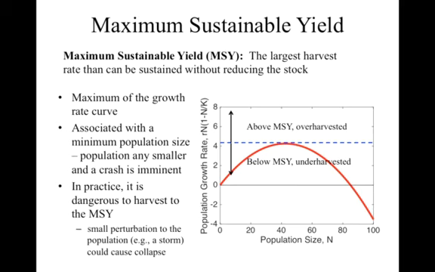And it's dangerous because harvesting is not an exact science. In fact, you don't really know how many fish you're going to get from one day to the next. And you don't really know what other factors are affecting that fish population size.